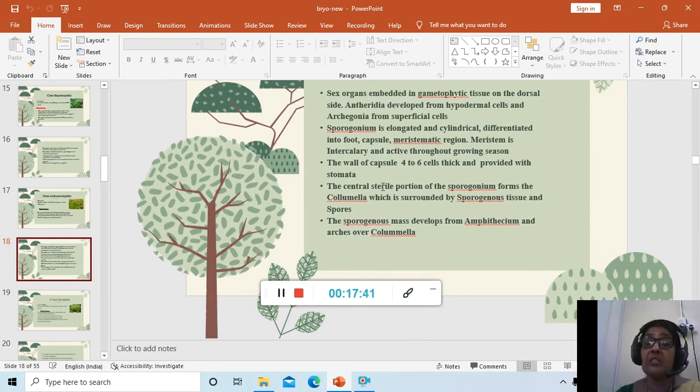Then the central sterile portion of the sporogonium forms the columella, which is surrounded by sporogenous tissue and spores. So that is the peculiarity. And the sporogenous tissue develops from the amphithecium, and it arches over the columella.